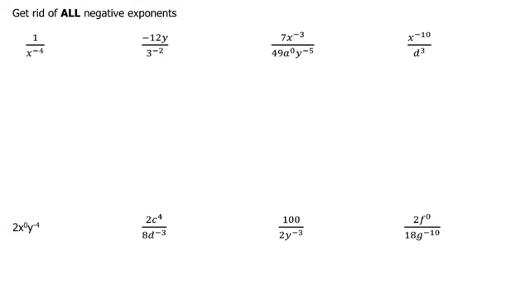Okay, so now we're ready to move on and simplify some expressions. So when I go to look at 1 over x to the negative 4, I'm going to say that's 1 over x to the negative 4 is 1 over x to the 4. Okay, so I'm going to rewrite the numerator. 1 is just 1 divided by 1, divided by 1 over x to the 4.